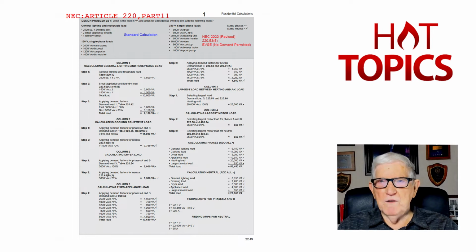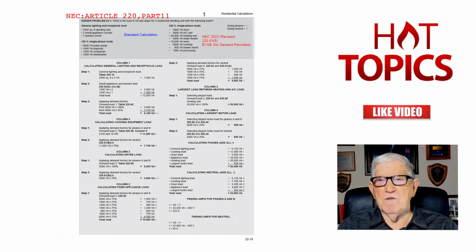Now, moving on, we select 75% of the 120 volt fixed appliances. You have 4 of them listed here, 26, 1,000, 1,200, 1,600.